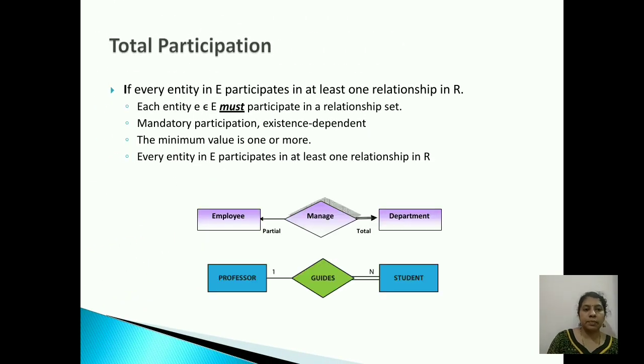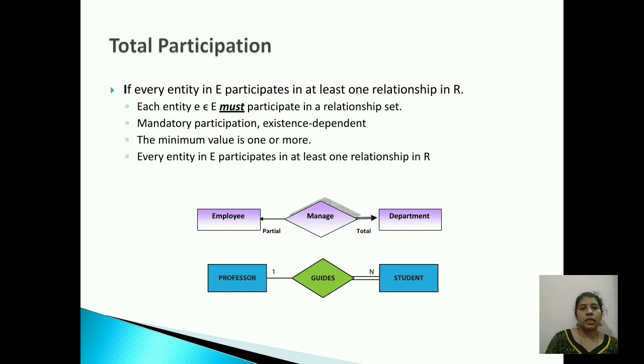Total participation means every entity in E participates in at least one relationship in R. If there are n entities in the set, then each one must participate. Each one must be associated with another entity in the entity set.